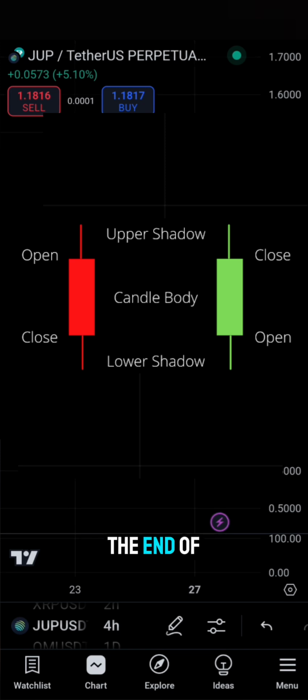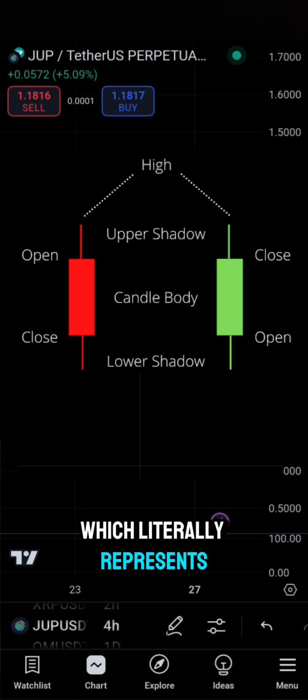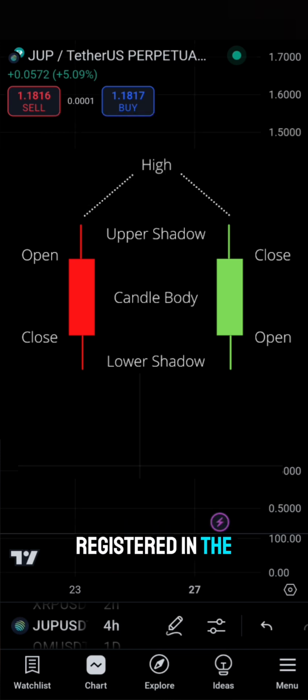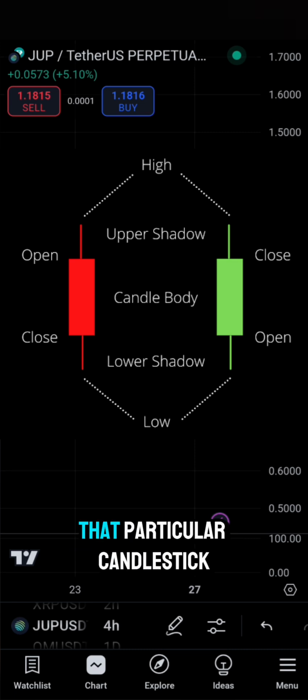The end of the upper wick is what we call the high, which literally represents the highest price registered in the course of that particular trading session as represented by that candlestick. And the lower end of the lower wick is what we call the low, which is a representation of the lowest price registered in the course of that trading session as represented by that particular candlestick.